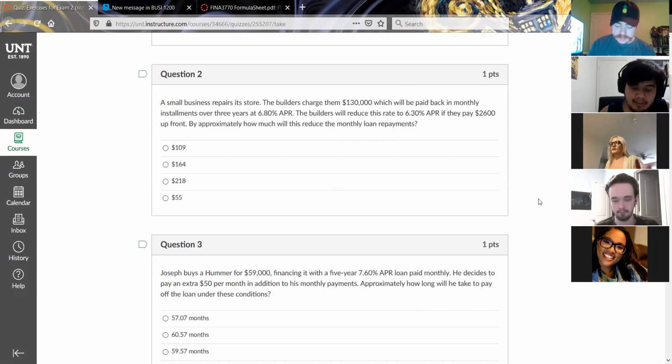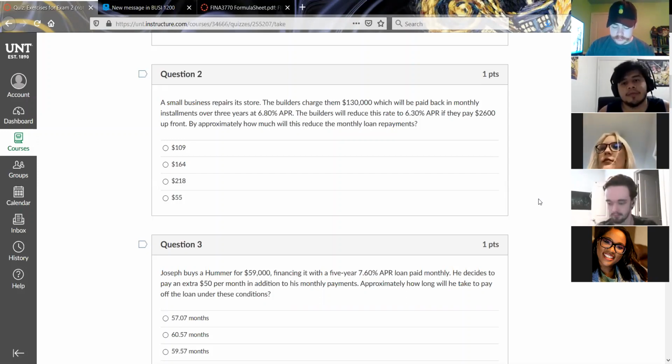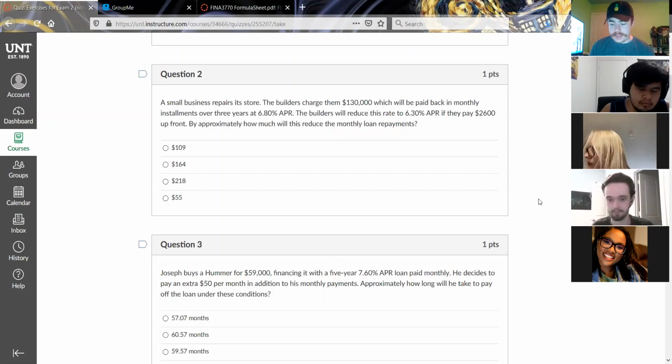So it's 36 periods because it's monthly for 3 years. The first one is 0.56667. The present value for the first one is 130,000. Payment is what we're finding. Then for the next one, it's 36 again, then 0.525, and then 127,400.